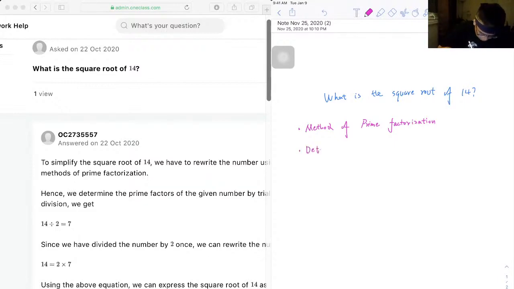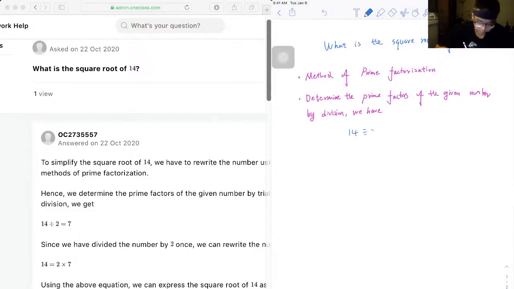Determine the prime factors of the given number by division.